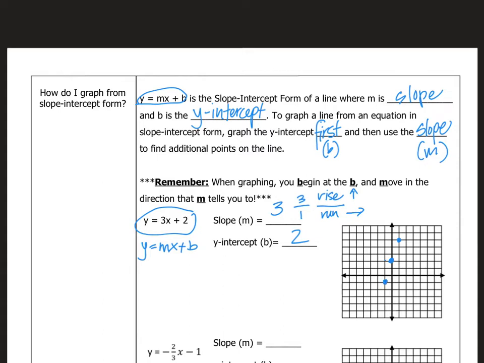Okay, so here is our other point. And you could keep doing this so that you could get more points and it would just be easier for you to draw your line. But we ask for you to have just at least 3 points. Okay, so now we can put a line through these points. And we're done. There we go.